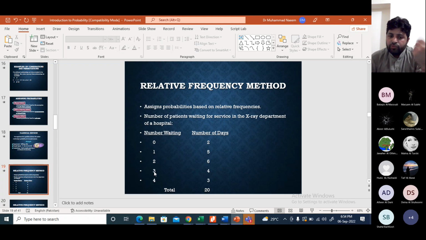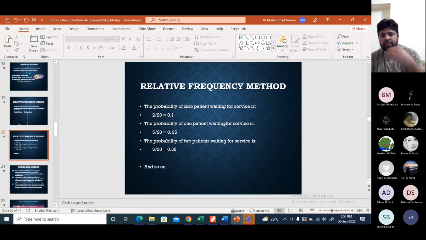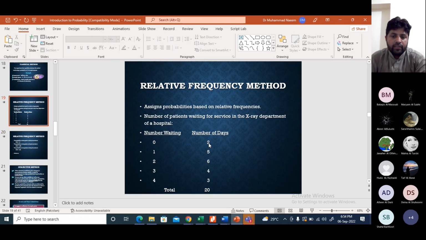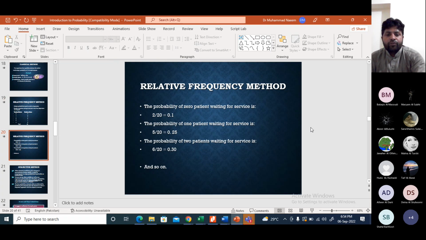If you want the probability that 3 patients are waiting, it will be 4 out of 20. Okay, it's very simple. You can look by yourself. The probability of 0 patients waiting for service is 2 by 20, where the total is 20. The simple relative frequency approach.